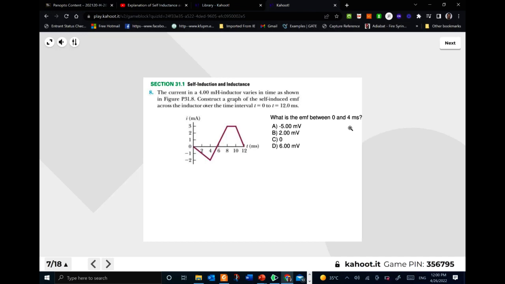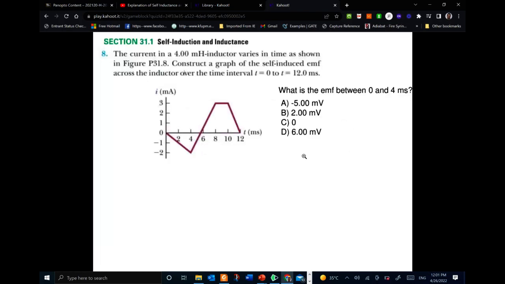So determine the EMF between 0 and 4 milliseconds. Want to magnify it?